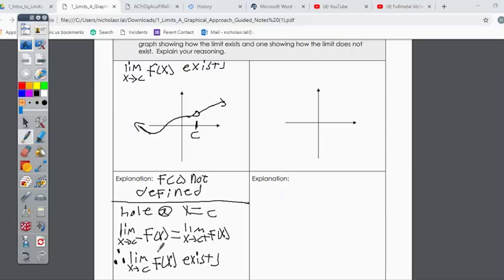The limit as x approaches C of f of x does not exist. So let's now show a limit that does not exist. The limit as x approaches C of f of x does not exist.